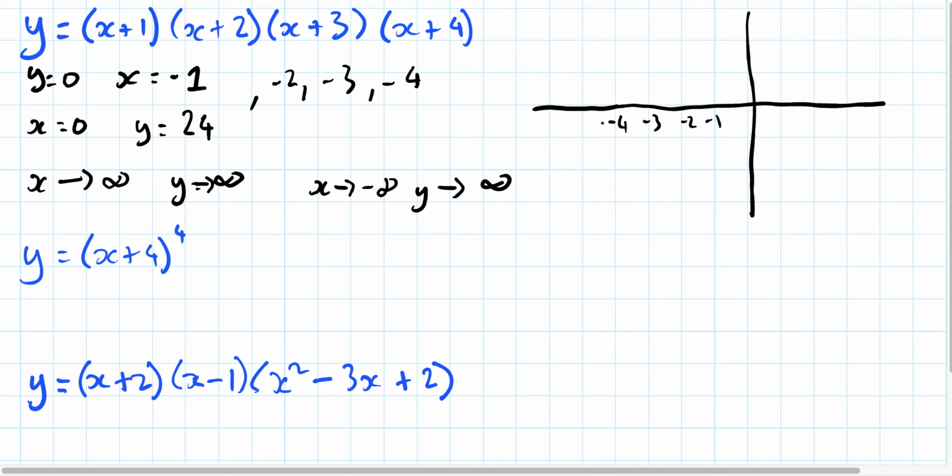So I'll continue on here, and it cuts at 24. Let's just call this 24 here. So it starts from positive infinity, as x is going to infinity, y is going to positive infinity. So that's going to be coming down from up here, cutting at 24.